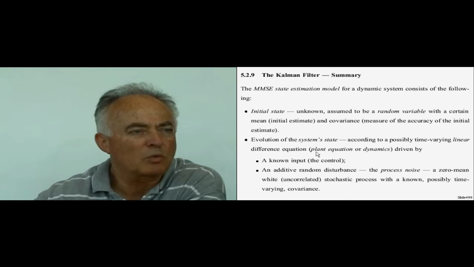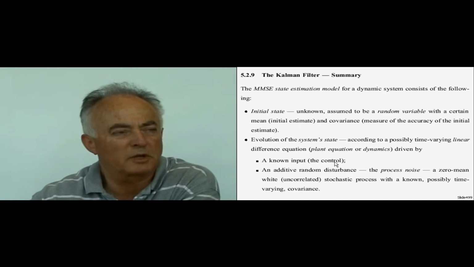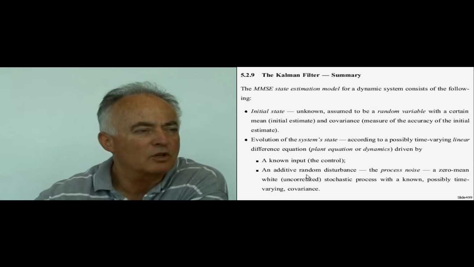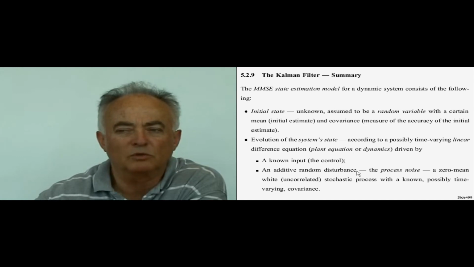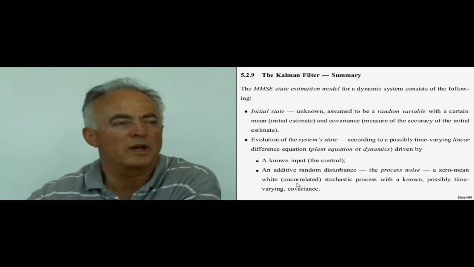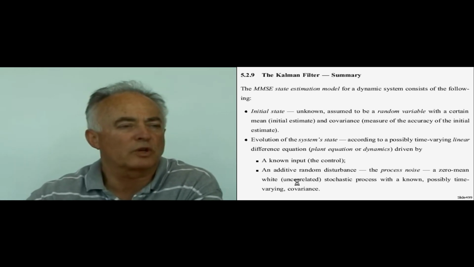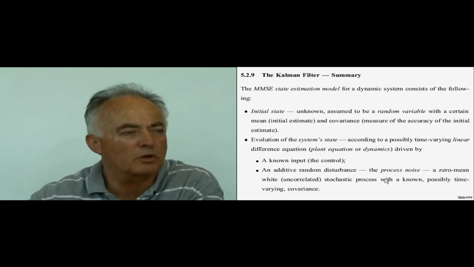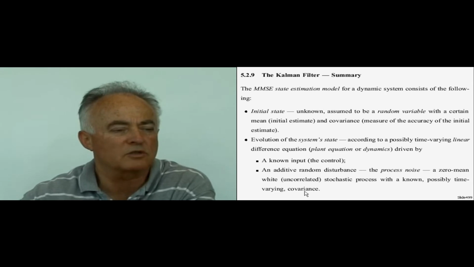That's the plant equation or dynamics, driven by a known input, which is control or platform motion, and an additive random disturbance. This is the unknown part of the evolution of the state, the process noise, modeled as a zero mean white, really uncorrelated or white sense, stochastic process with a known and possibly time-varying covariance.